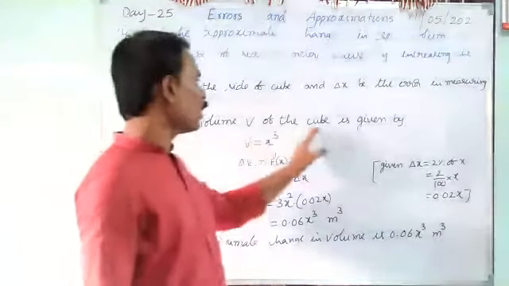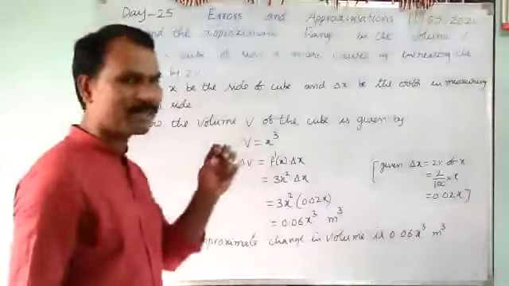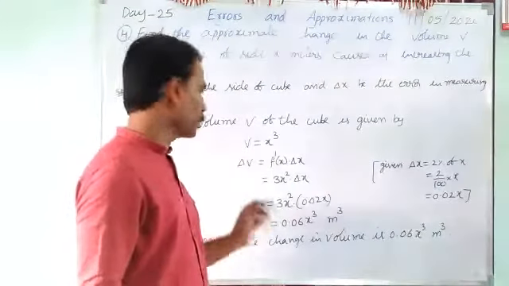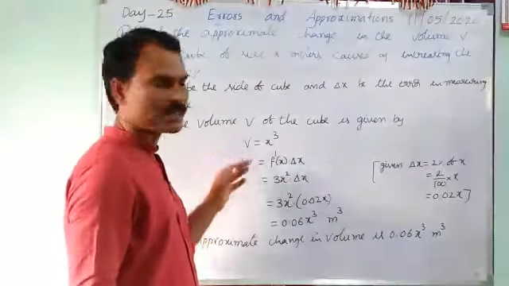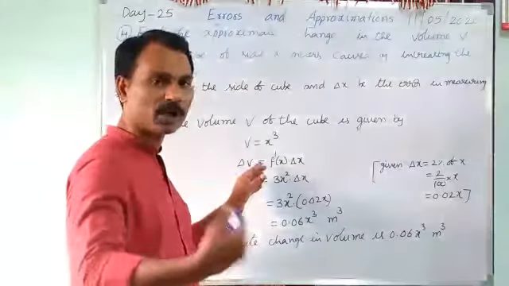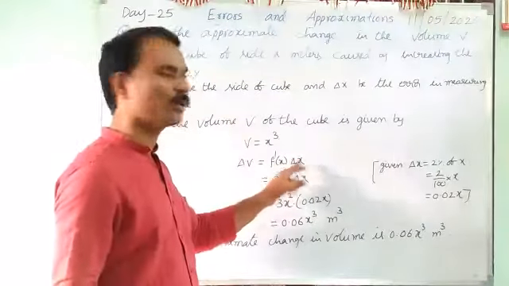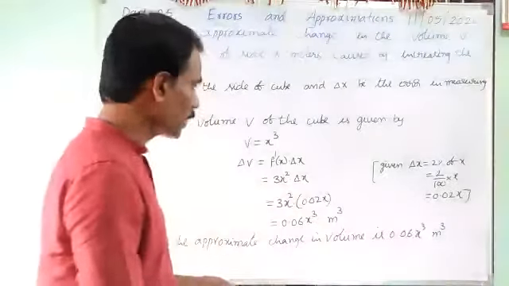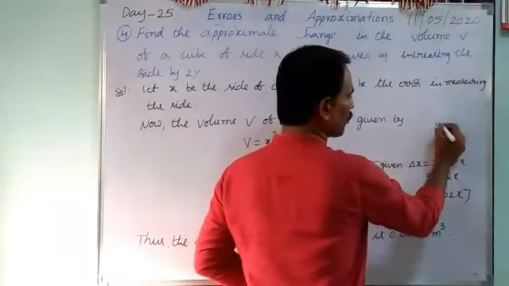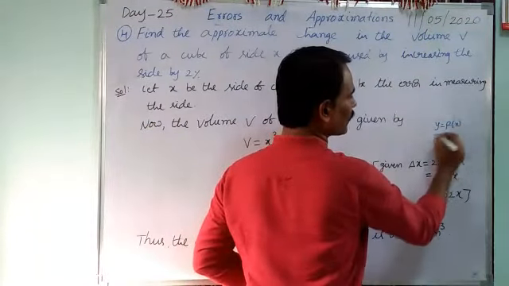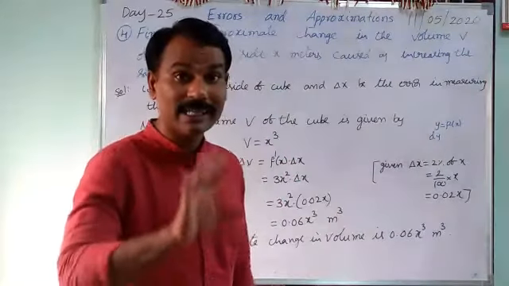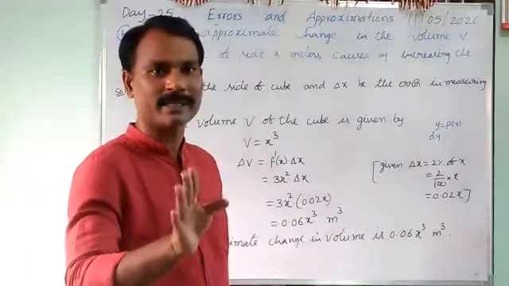Now the volume V of the cube is given by side cube. V is equal to x cube. Delta V, the change in volume, is equal to f dash of x into delta x. Given y is equal to f of x, here he is asking the dy value, guys. In this problem, he is not asking f of x plus delta x.